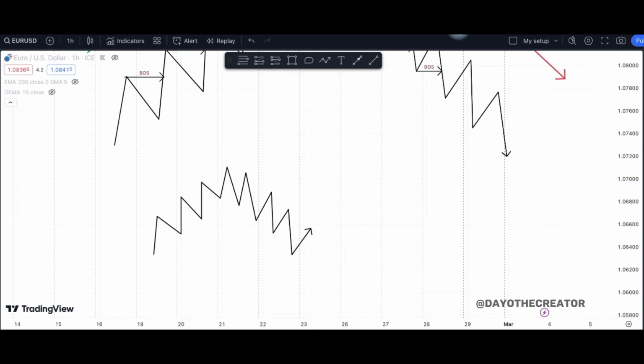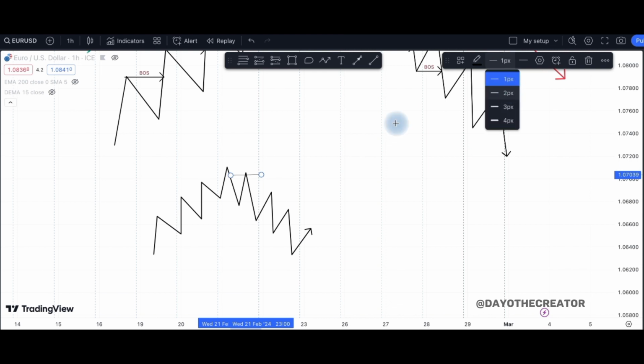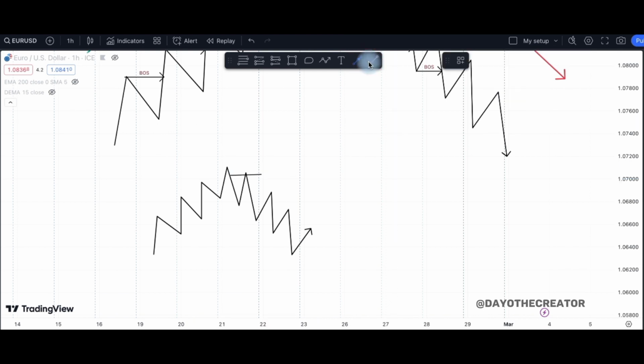this is where we are to mark out. Since it broke our previous low, and it refuses to break our previous high, you can just easily mark it out like this. Then just for simplicity's sake, I want to show you where I'm talking about.